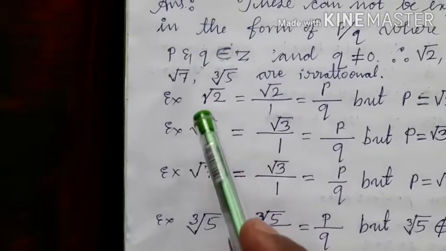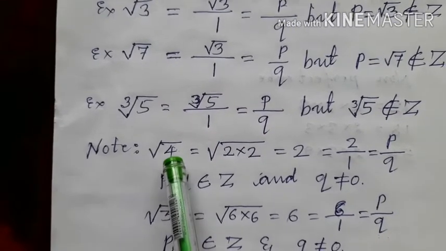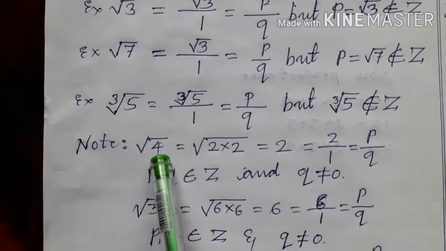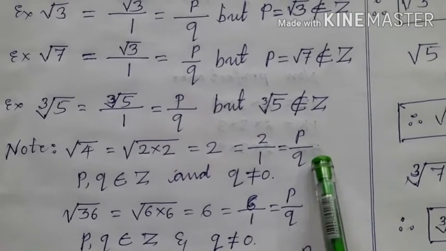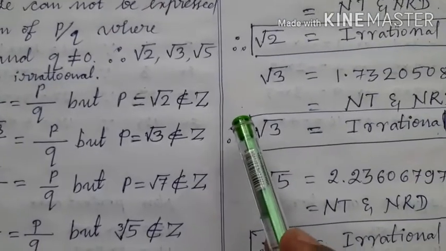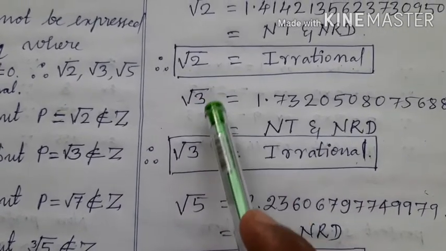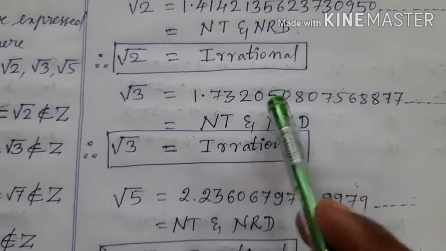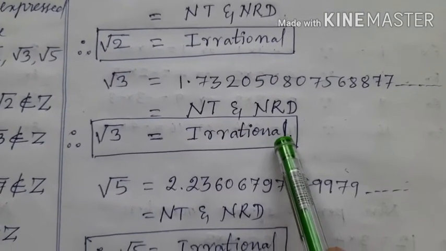But look at this example. Under the square root mark, the number written is 4 and it is equal to 2, which is rational. Okay? And here, under the square root mark, the number written is 3. But the square root of 3 here is a non-terminating and non-recurring decimal, which is irrational.